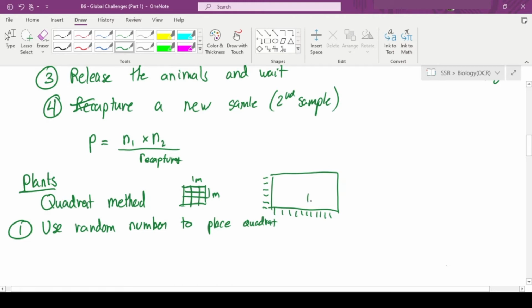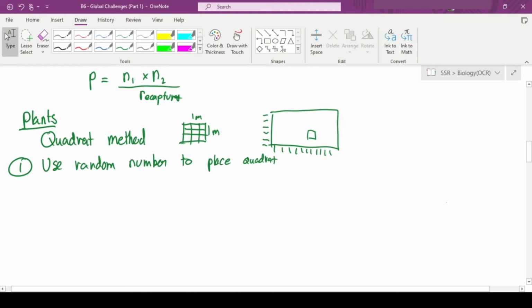So you'll get two random numbers and you'll place the quadrat at those coordinates. Then you're going to count the individuals in the quadrat, each plant or each number of plants, so that you can see what's going on. So you'll count the individuals.